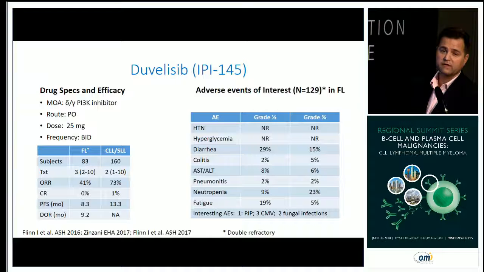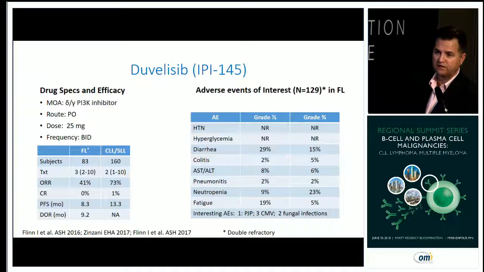Neutropenia was one of the key things that I think matters as we talk about whether we can get to novel combinations. Grade 3-4 neutropenia was seen at 23%. And another interesting AE is there was some PJP, CMV, and fungal infection seen, and there has been this kind of experience in some other drugs across the class.